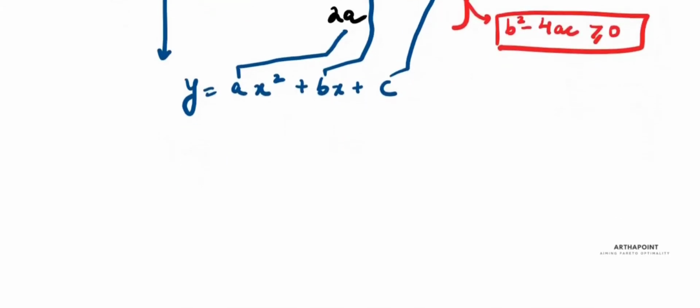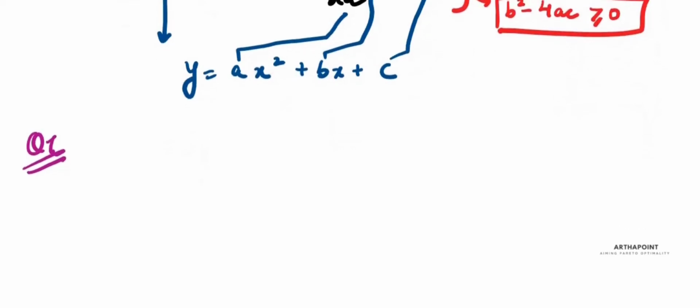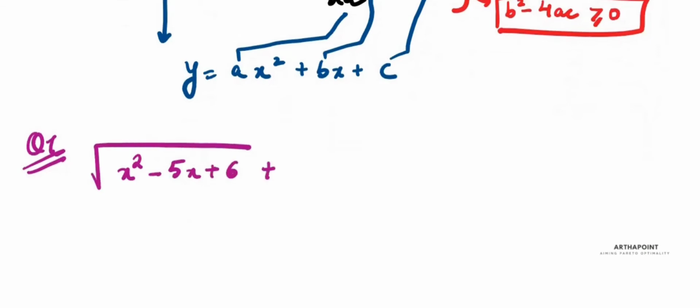Now, to take an example of such questions, let us consider the mock question that was given in the exam. So in the test, the question that I gave you was √(x² - 5x + 6) + √(2x + 8 - x²).